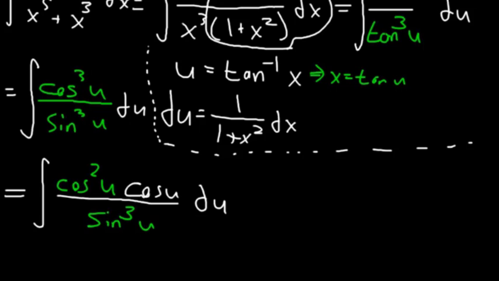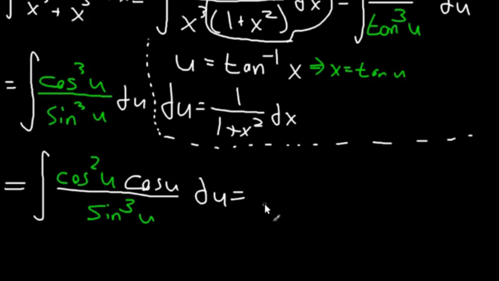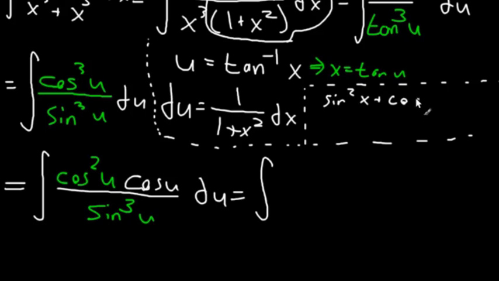And so now I'm going to use a trig identity here. So you know that sine squared x plus cosine squared x is equal to 1. That would mean that when you subtract sine squared x from both sides, you're going to get that cosine squared x is equal to 1 minus sine squared x.